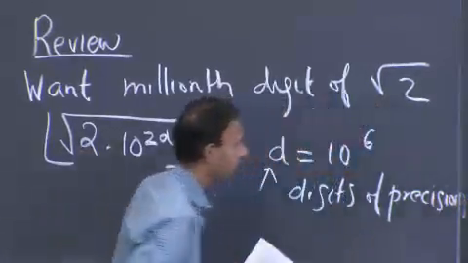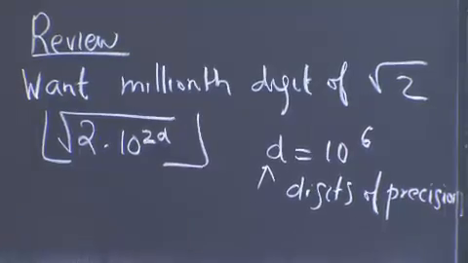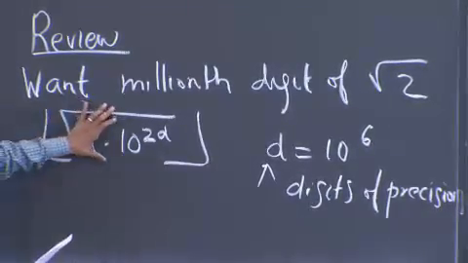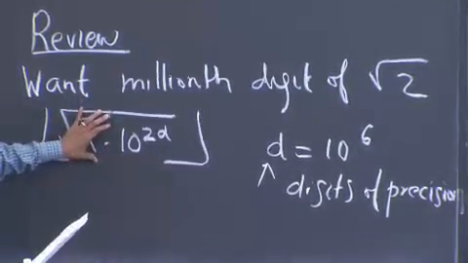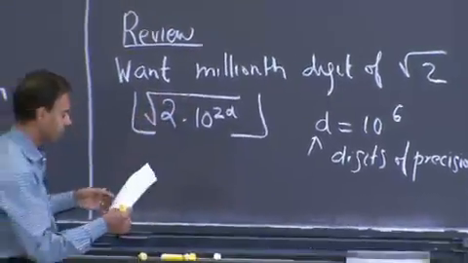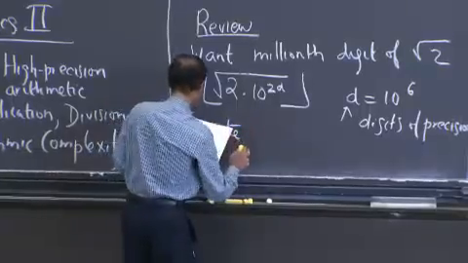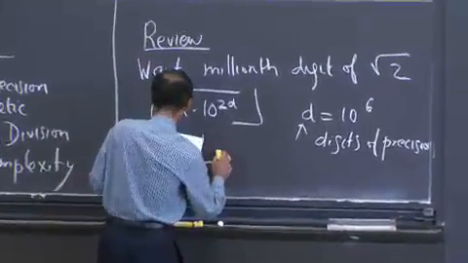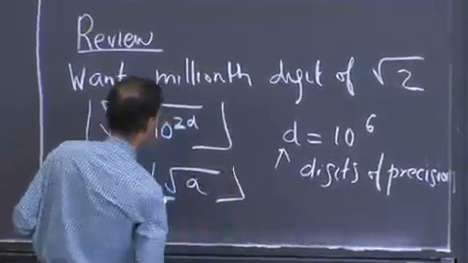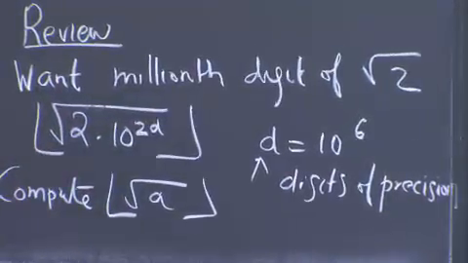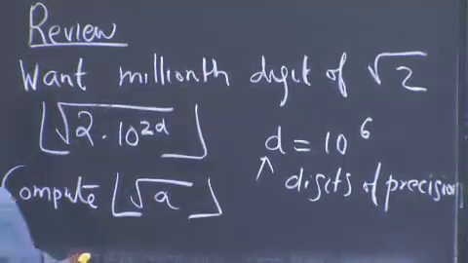We'll take a look at an example or two here as to how this works with integers. But what we do is compute essentially the floor of the square root of some quantity a via Newton's method.